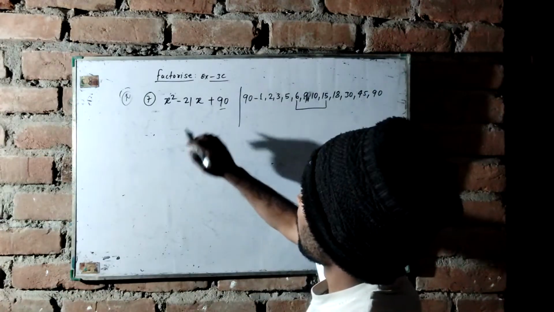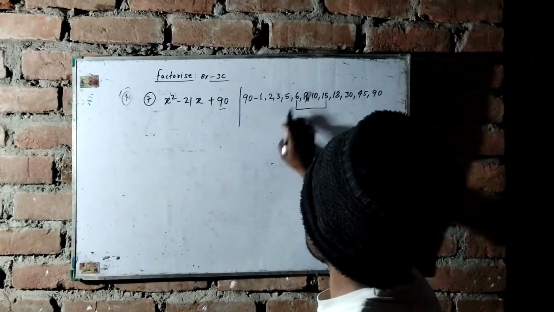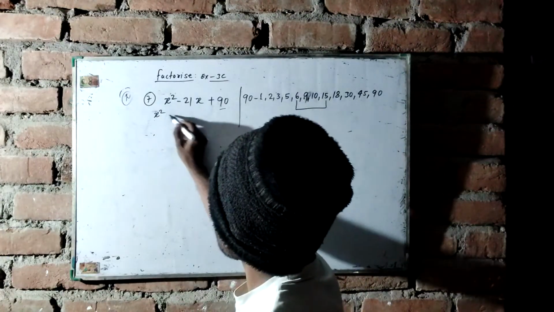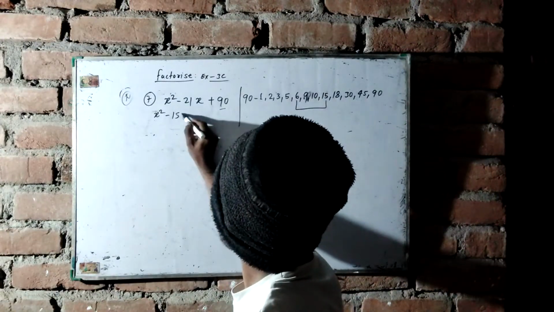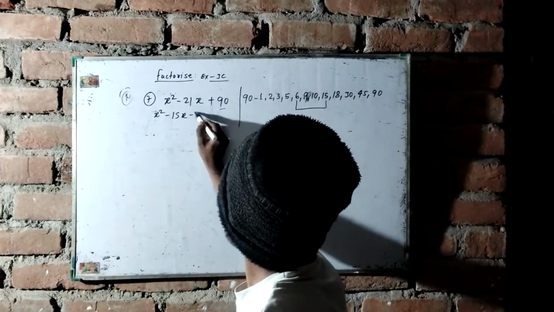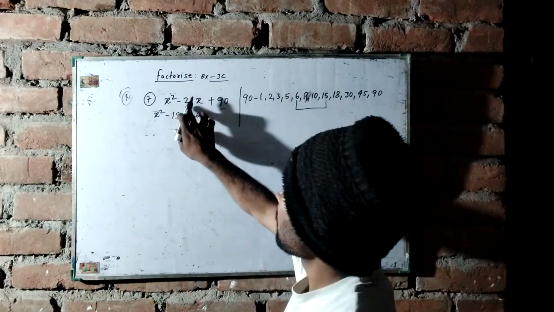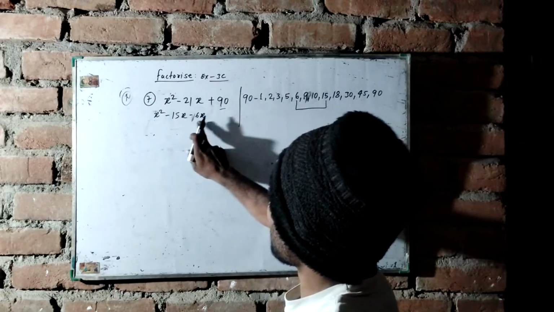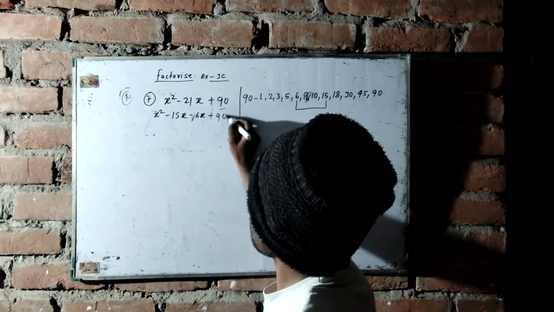But here is a minus sign, so we take minus sign in both numbers and we can write x square minus 15x and minus 6x. You can say minus 21x can be written as minus 15x minus 6x and plus 90 as it is.